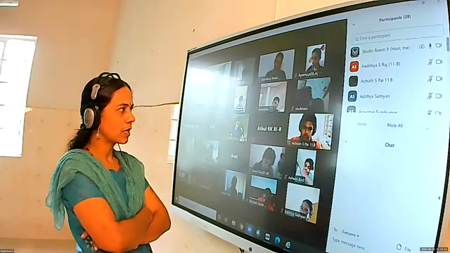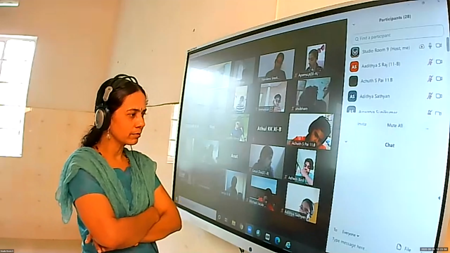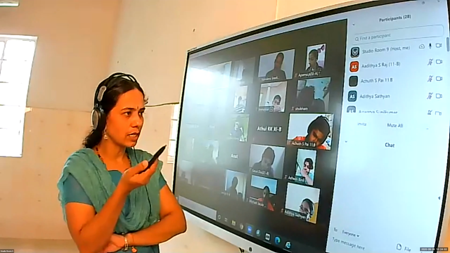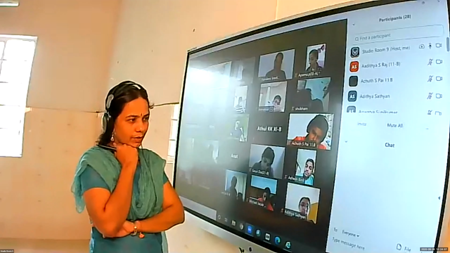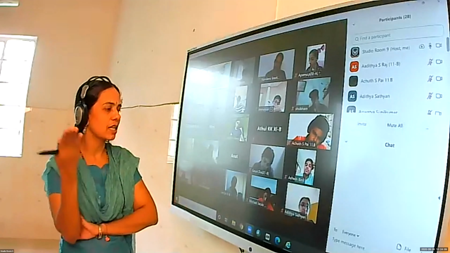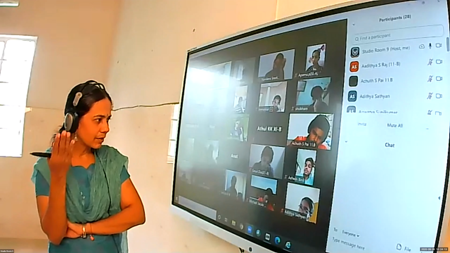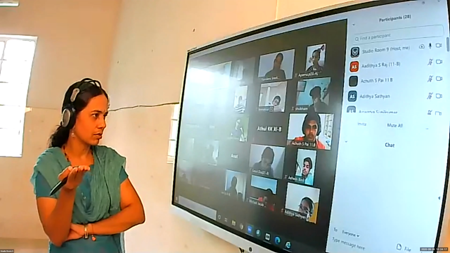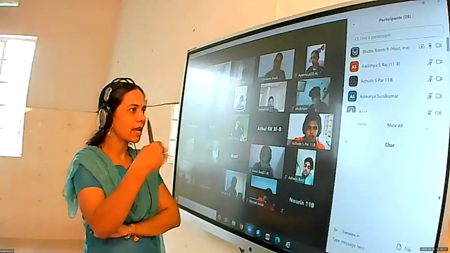Okay, 10 boys participated, 3 prizes we want to give, and what is given? Each one will get only one prize. There is no chance that the same person gets 2 or more prizes. So that means no repetition is allowed. Is it clear? If a boy gets more than one prize, it means the same digit is repeating.